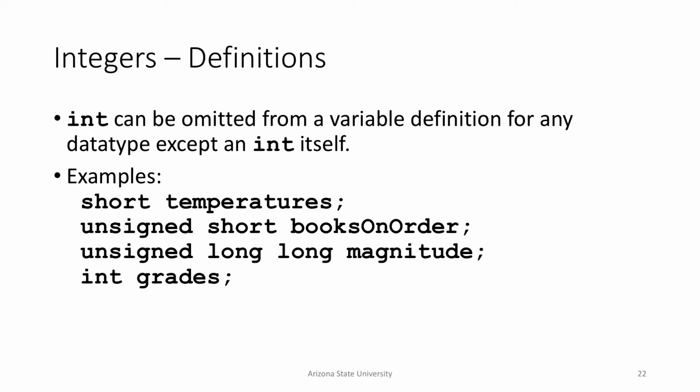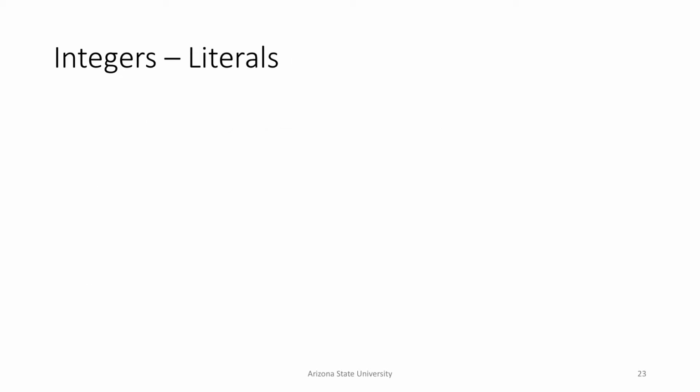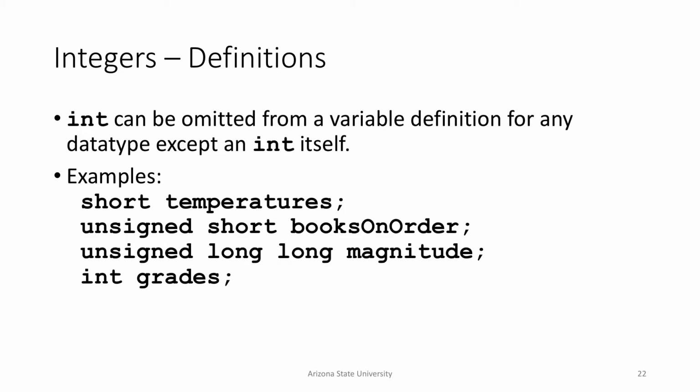So I had short int and long int and long long int. But for all the ones but int itself, you can actually omit the word int because short is guaranteed to be an integer anyway. So you don't need to actually say int there. It's just a little shorthand. All right. Any questions about integers so far?